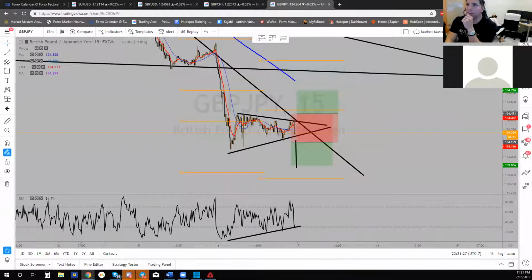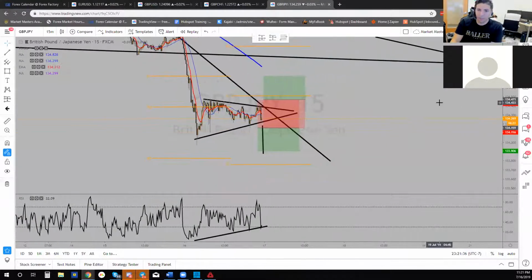Okay, so Danny said, how do we spot major support areas? Major support areas, you just get wherever it's touching the bottom of the price the most times.